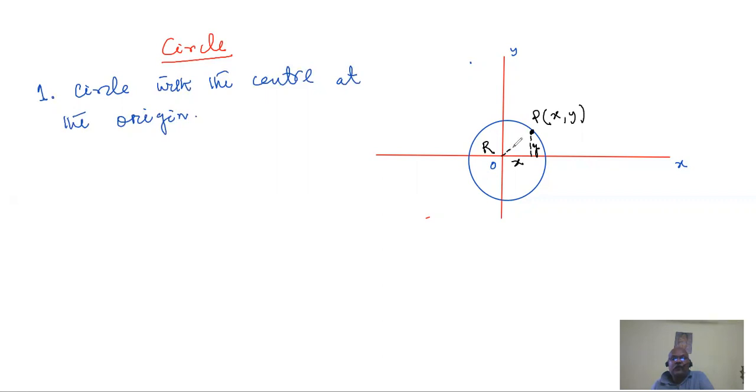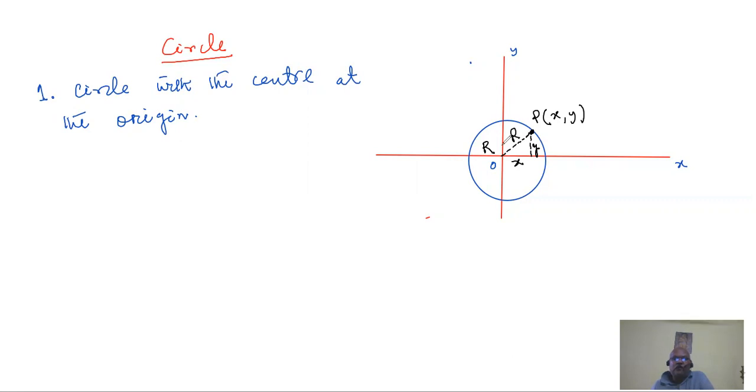And if you join the center to the point P, then this hypotenuse-like thing is again the radius. Now you have created a right angle triangle whose base is x, the perpendicular is y, and hypotenuse equal to r.